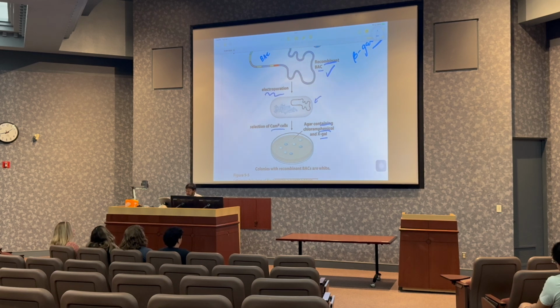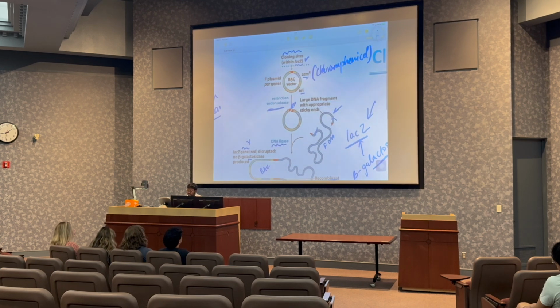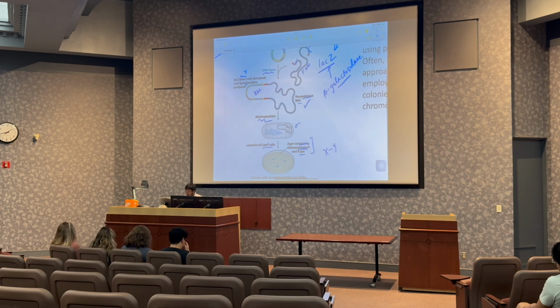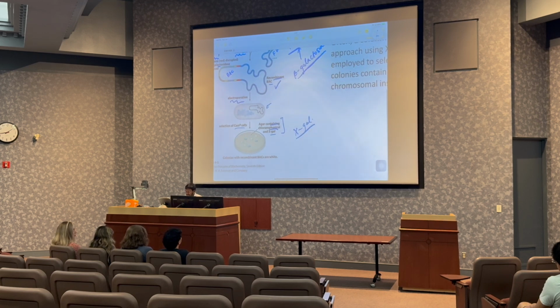So the major factor that decides the outcome is the place where the gene is inserted, which is lacZ. There's a term called X-gal, and we have the beta-galactosidase enzyme. X-gal is a reporter substrate, which, if the enzyme is present, will make blue colonies.